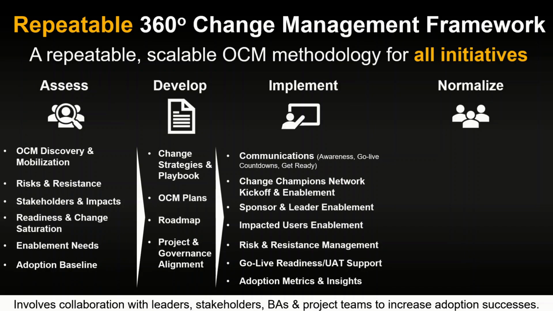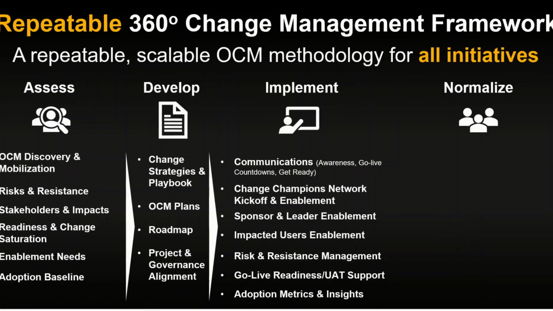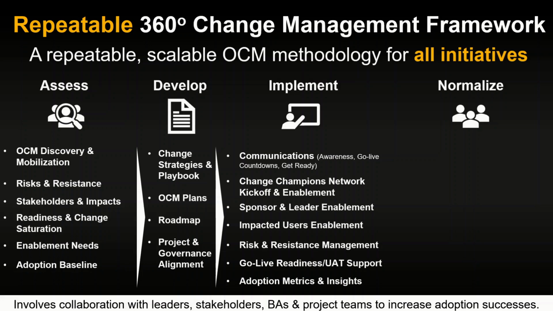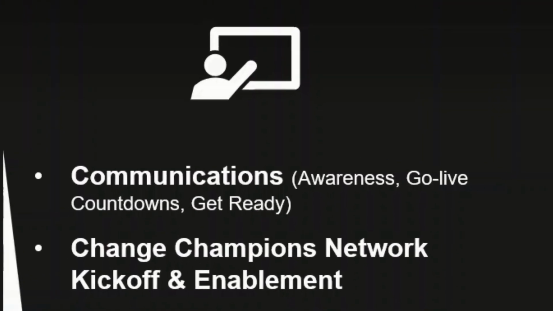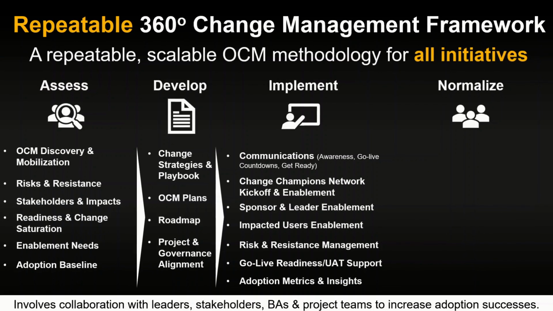Now, let us move on to the implement phase. During the implement phase of an effective change management fundamental process is when you implement your change management plans and also change management strategies. So, for example, delivering awareness communications, go live countdowns, and also get ready communications to get the organization ready for go live.